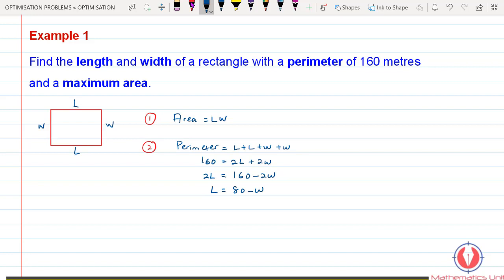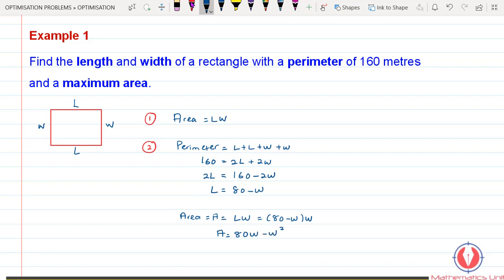After you get L, you can substitute this L in the area equation. So the area, we call that A, is equal to LW, and that is equal to (80 minus W) multiplied by W. So A is actually equal to 80W minus W squared.